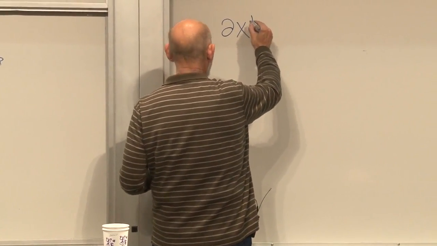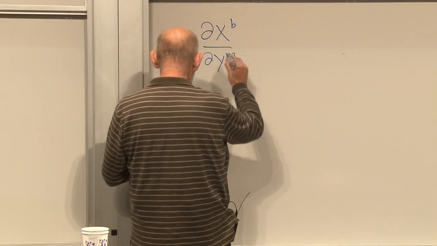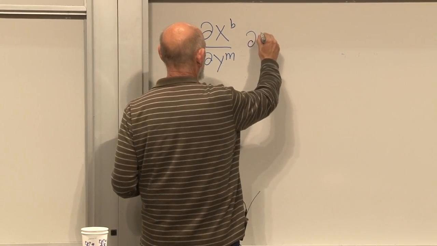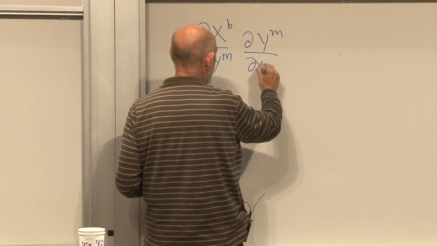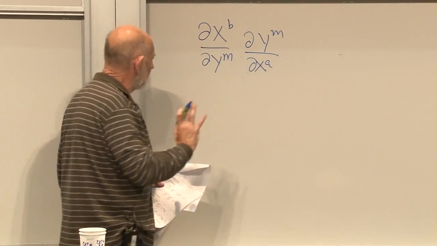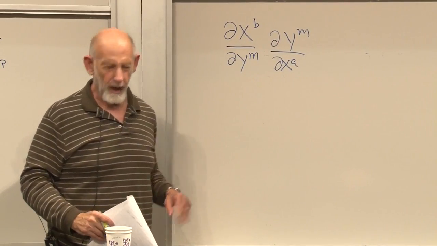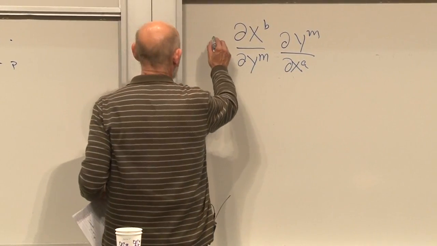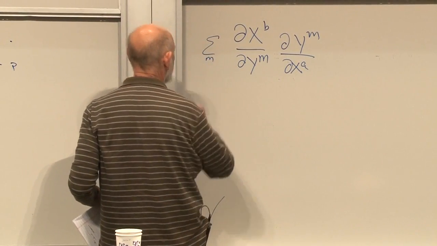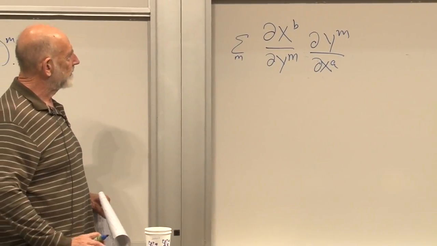Take ∂x^b/∂y^m, multiply that by ∂y^m/∂x^a, and implicit in this formula is a sum over m. What is this object? Anybody know?